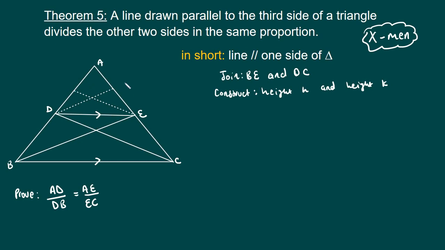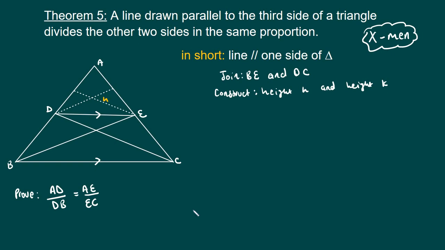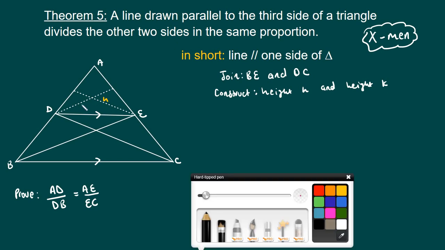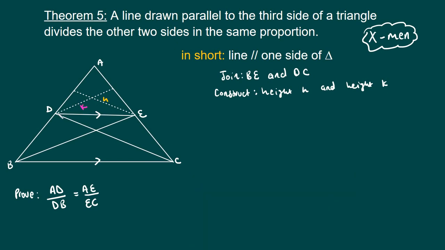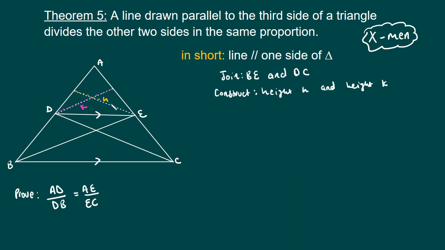Constructing them on those two sides is actually going to assist us, because we will be killing two birds with one stone. So we're going to call this height H, and this one we are going to call height K. Height K, I'm going to give a nice pinkish color. Height H, a nice orangish color.